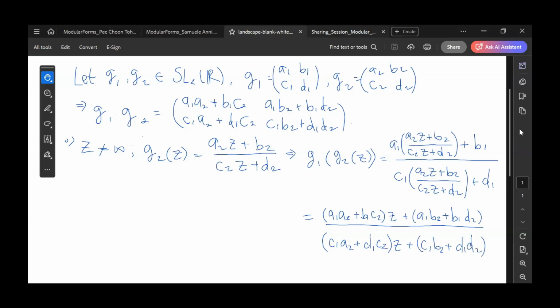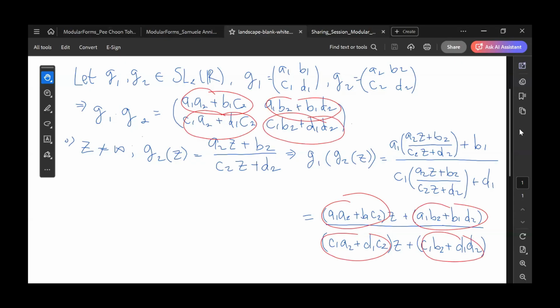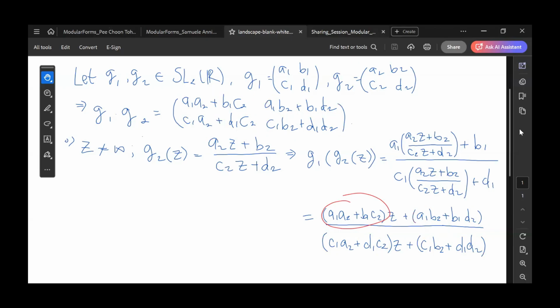Which we can see once again that this is true, that this will be the same as g1 times g2 of z, which means that this is equal to g1 times g2 of z.